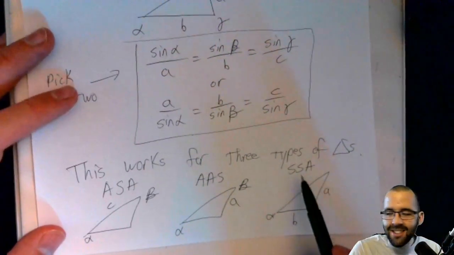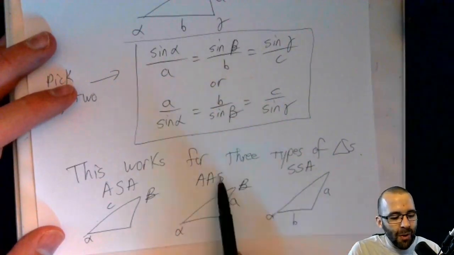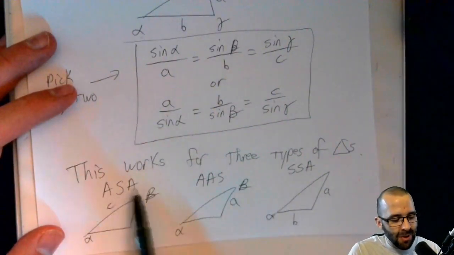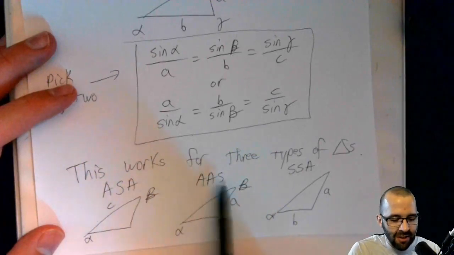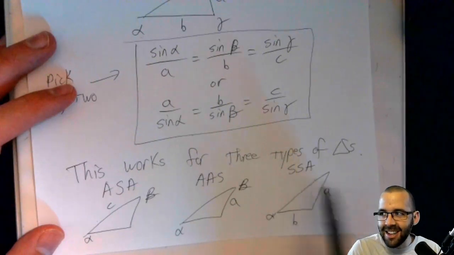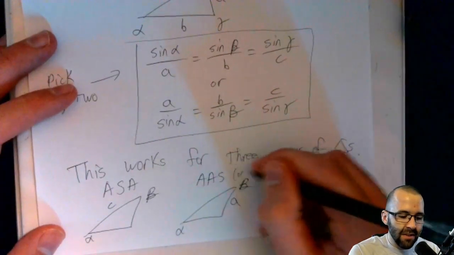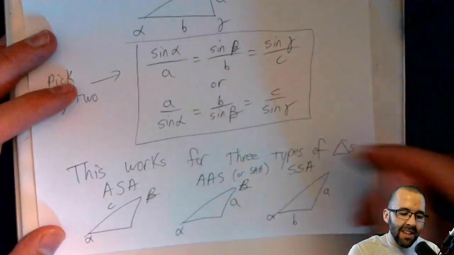So it's convention to call this an SSA triangle. But the order, like you can reverse this. Well, if you reverse this, it's still ASA. If you reverse this, side angle angle, that works too. If you reverse this, angle side side, it also works. So, right, this could also be written like this.